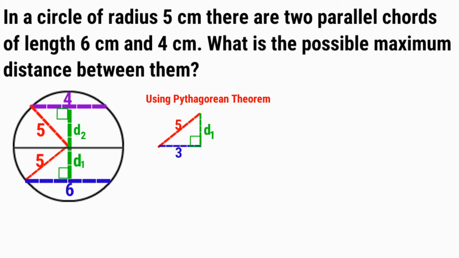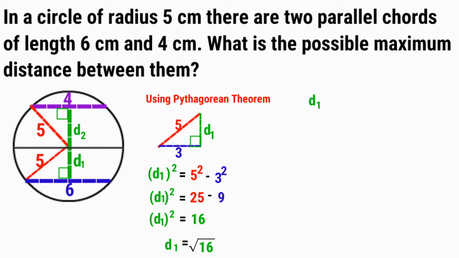Using the Pythagorean Theorem, d1 squared is equal to 5 squared minus 3 squared. 5 squared is equal to 25, and 3 squared is equal to 9. So d1 squared is equal to 25 minus 9, which is 16. To get d1, we will square root 16. So d1 is equal to 4.